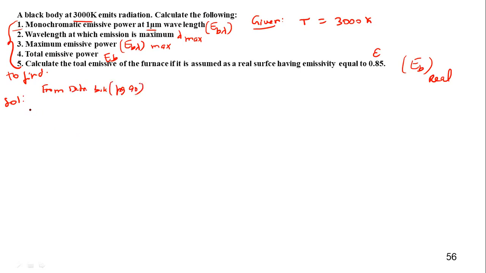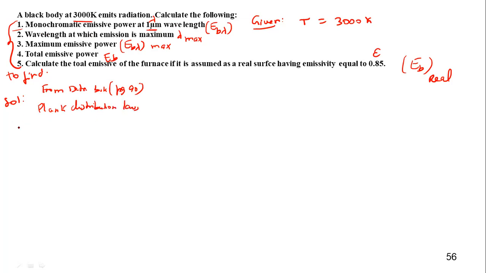We use the relation between the monochromatic emissive power and the wavelength lambda. Relating EB lambda and lambda gives the law known as Planck's distribution law.